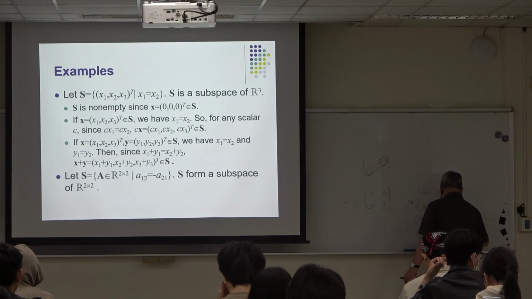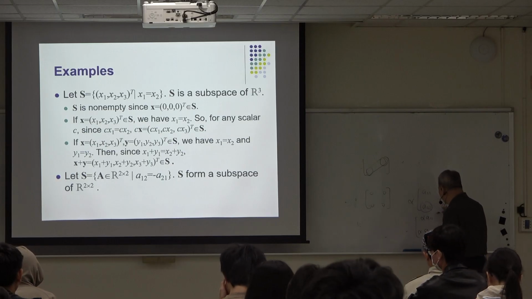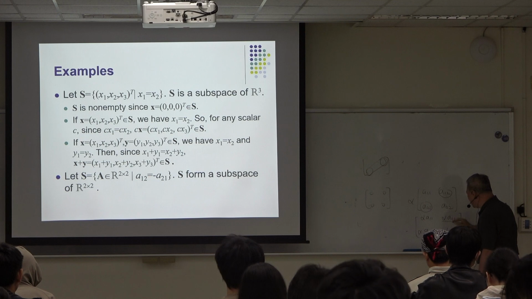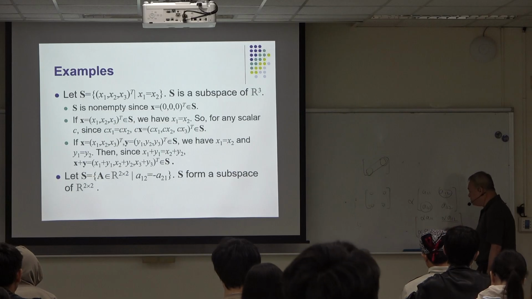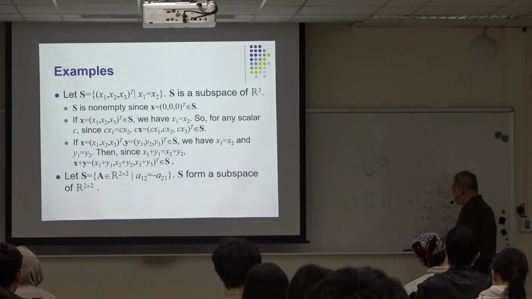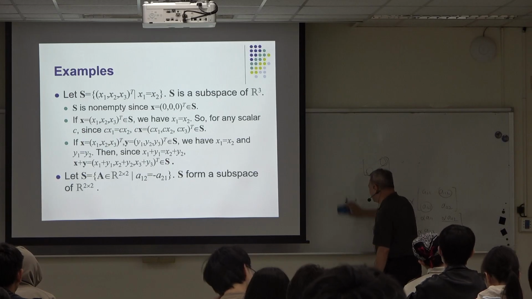Since A12 and A21 are negations of each other, when you multiply by alpha this property still holds. They are still negations of each other. So S is closed under scalar multiplication.